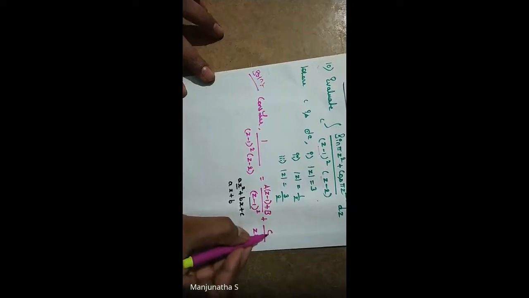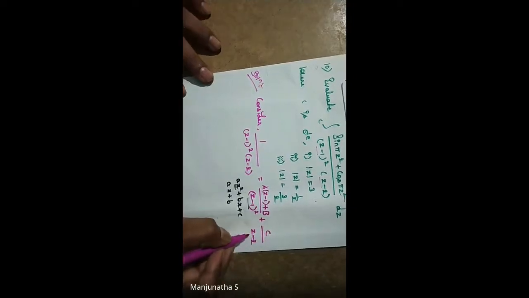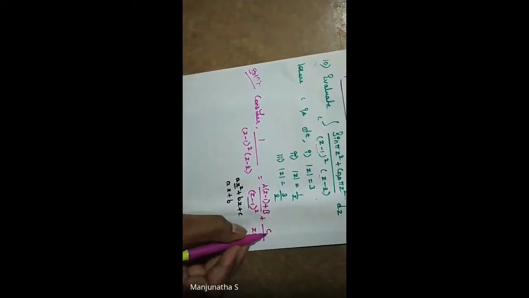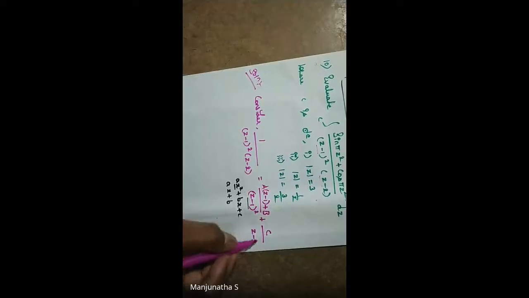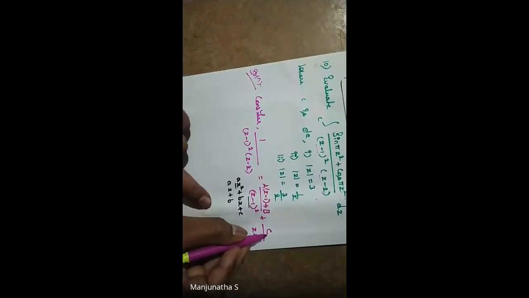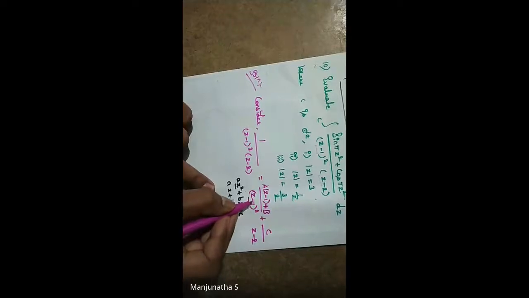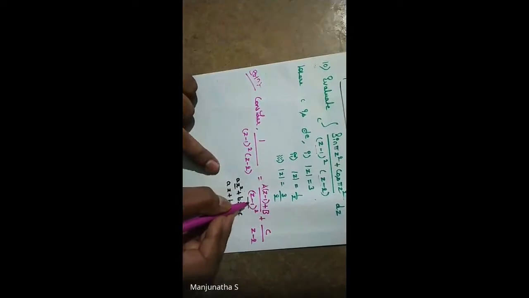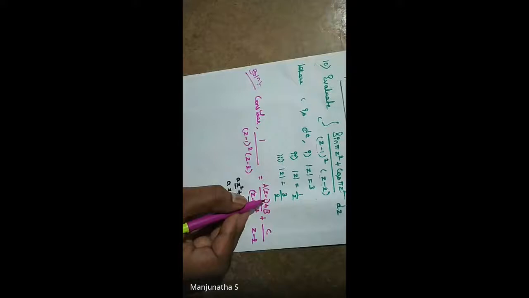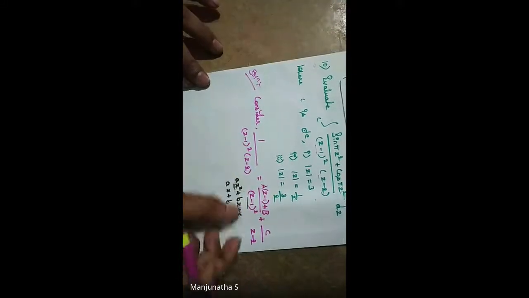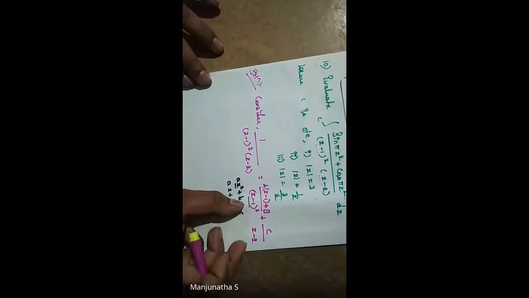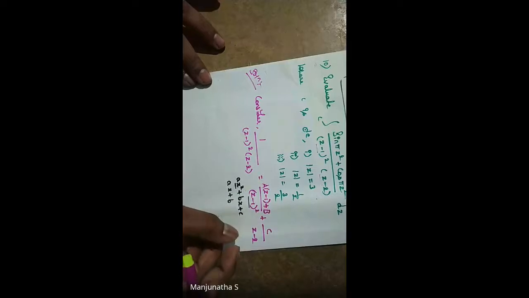Why we wrote only a constant here? Here we have a linear factor. Here it is quadratic, so here it is linear. If it is cubic, here we'll write quadratic. So that is the order of splitting partial fraction. This is how we need to take partial fraction.